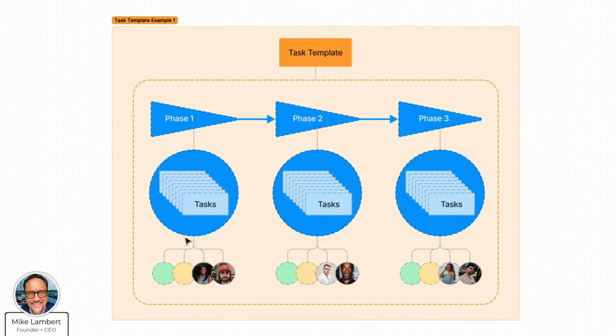Okay, so I can actually have these dynamic identities like project leader or client, which then gets assigned later, and then the task gets assigned to those people.